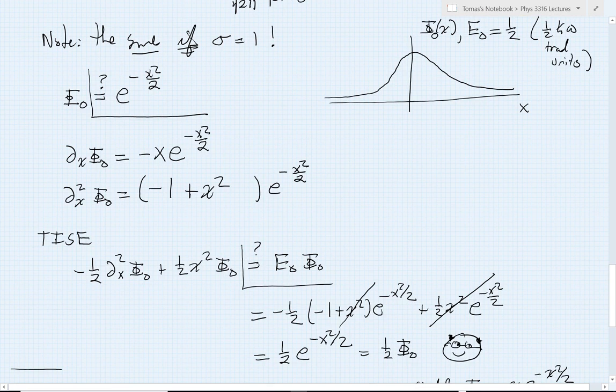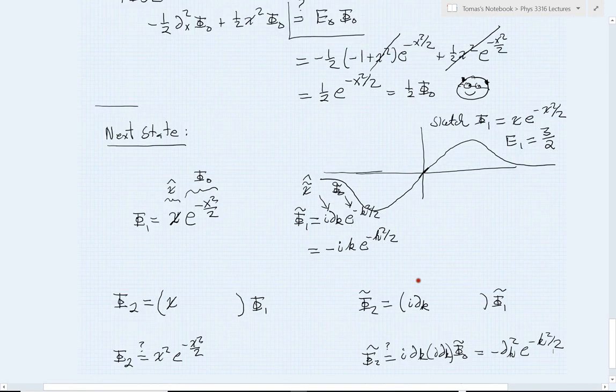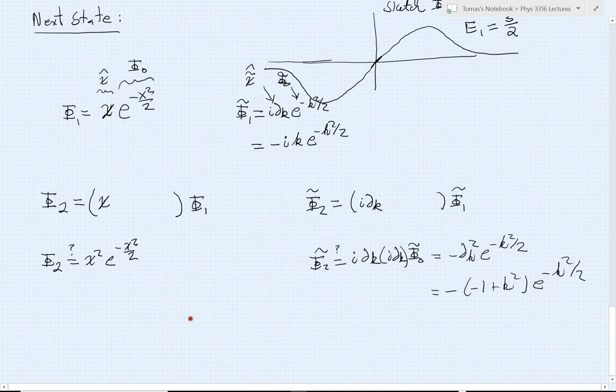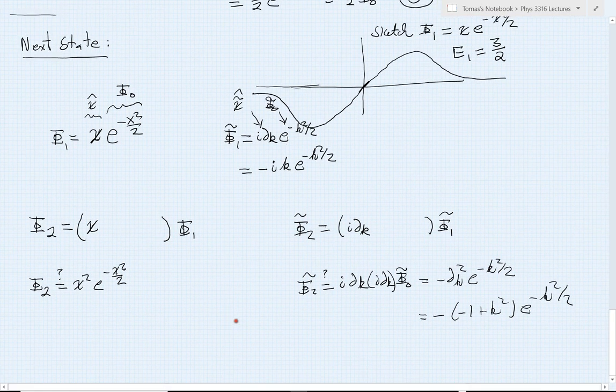And when we took that second derivative, we got minus 1 plus x squared. So in this case, then, those 2 derivatives are going to give me, well, I have my minus sign, but the second derivative part will be minus 1 plus k squared times e to the minus k squared divided by 2. And at this stage, I hope you can see where we've run ourselves into some trouble, right?